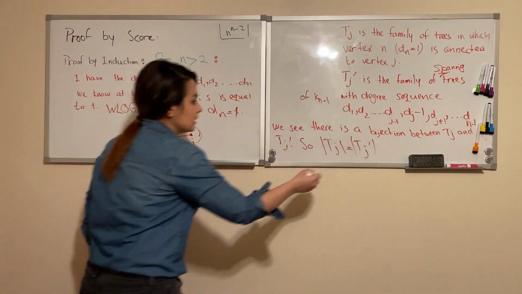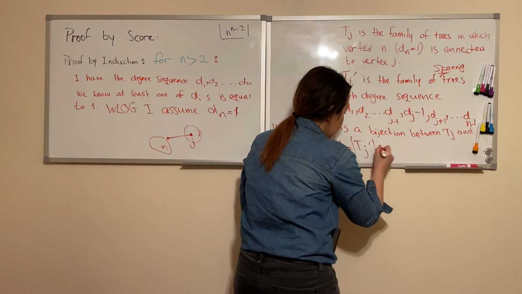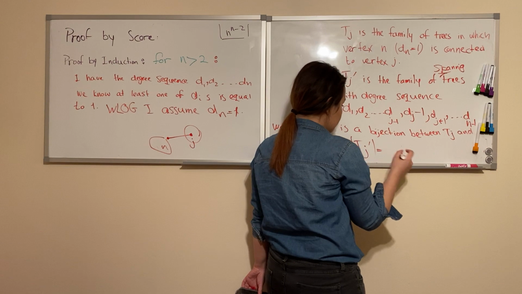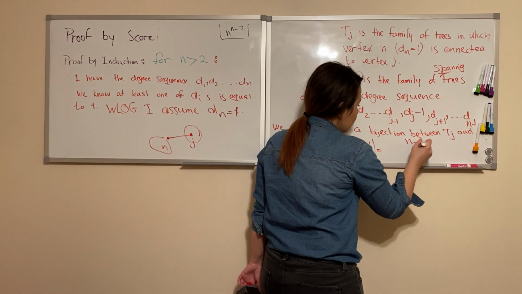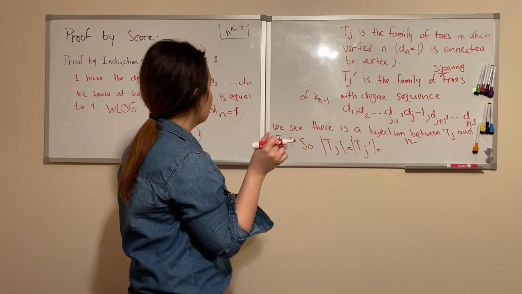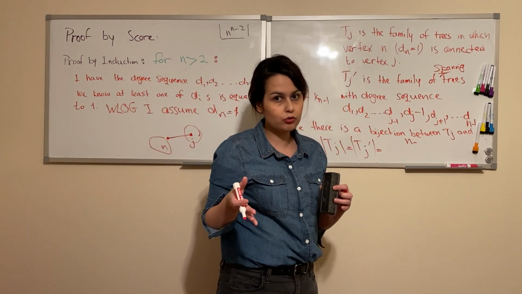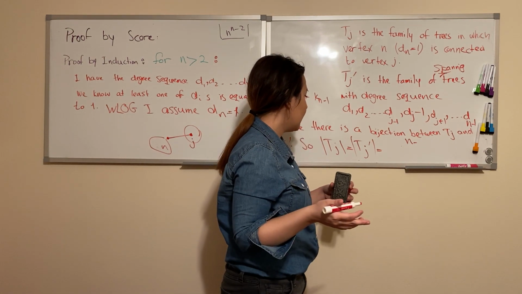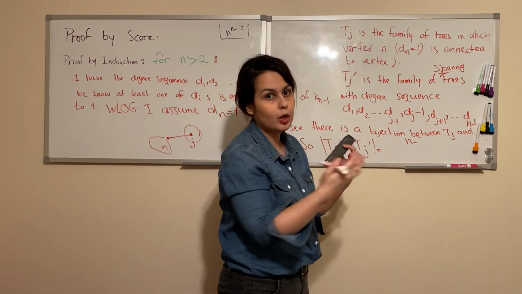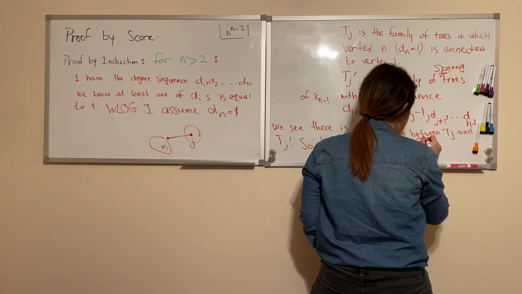So I know Tj prime is equal to, and I'm going to repeat that, don't worry, the statement was n minus 2 factorial. I don't have that formula here anymore, but it was n minus 2 factorial. And now that I have n minus 1 nodes, it becomes n minus 3 factorial.